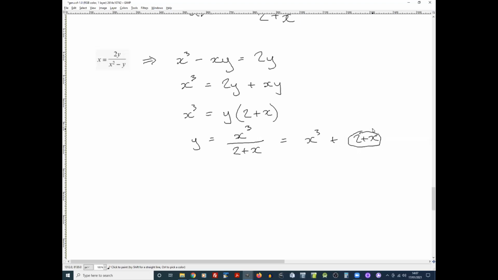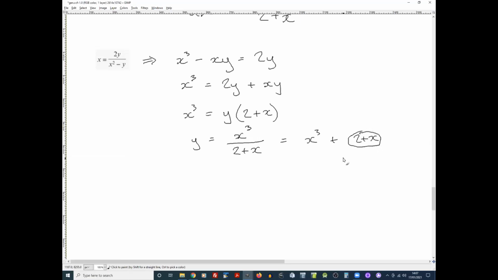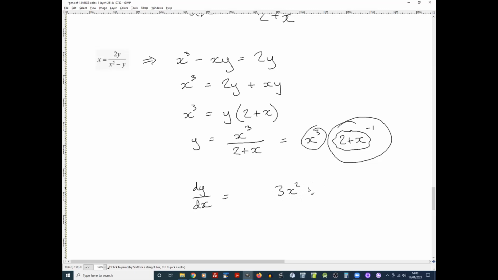And then we could say 3x squared times 2 plus x to the minus 1. Are you thinking of it like this as a product? Yeah, good. Plus. So dy dx equals 3x squared times 2 plus x to the minus 1.